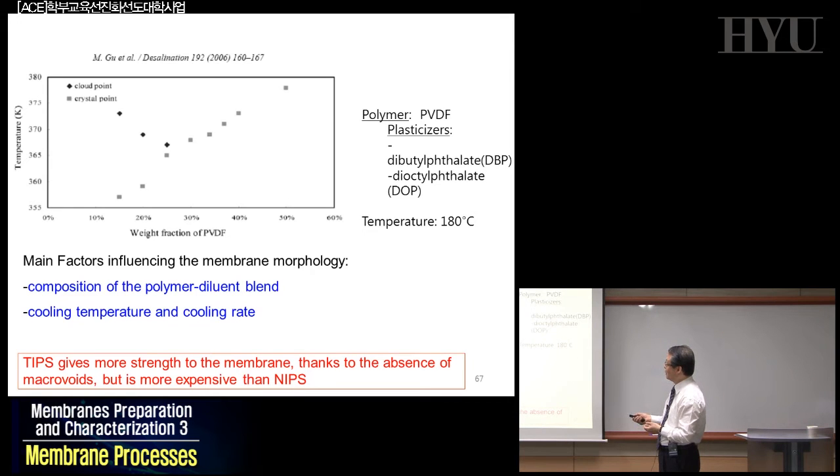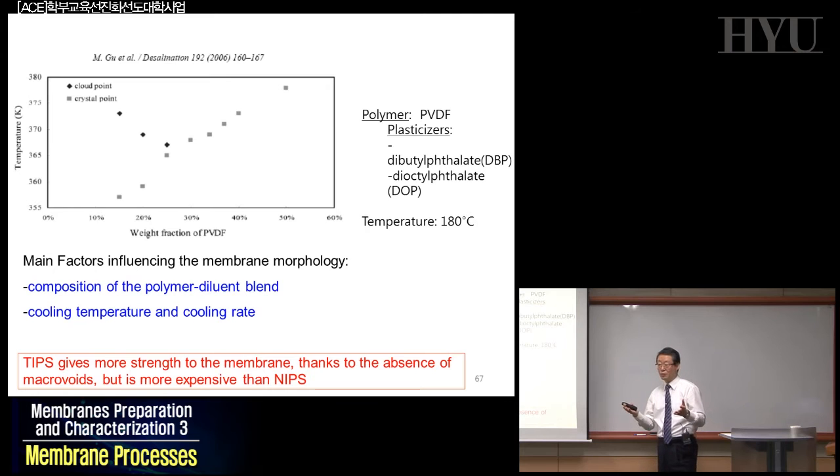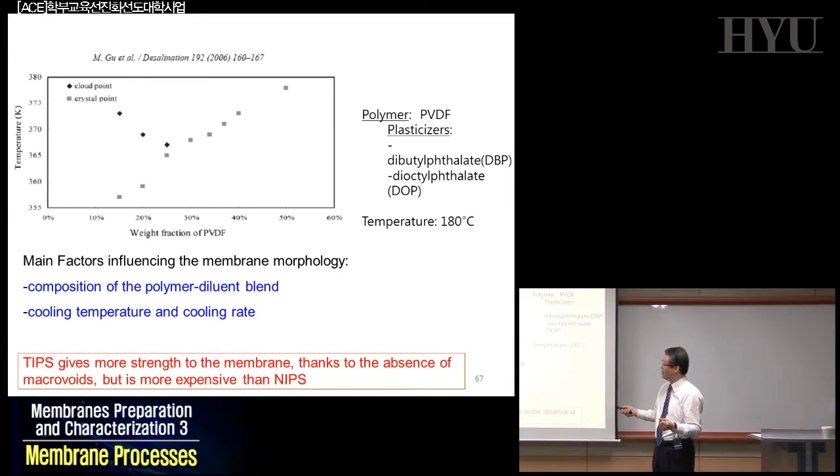What they have observed is the effect of polymer concentration, polymer weight fraction of PVDF in your dope solution. For example, if you have a 20% polymer concentration, that means you have 20% polymer, and 80% might be diluent systems.